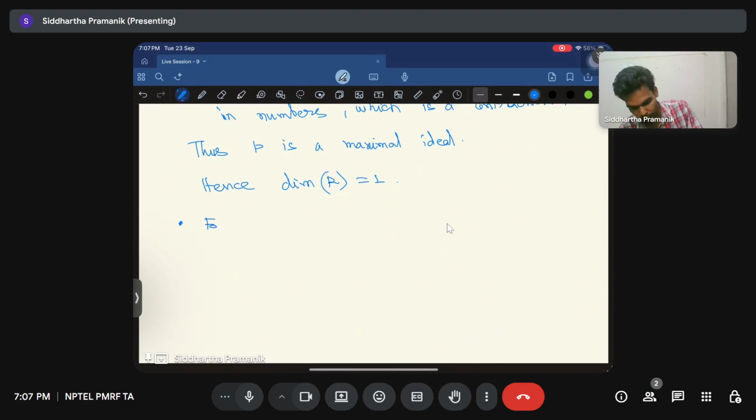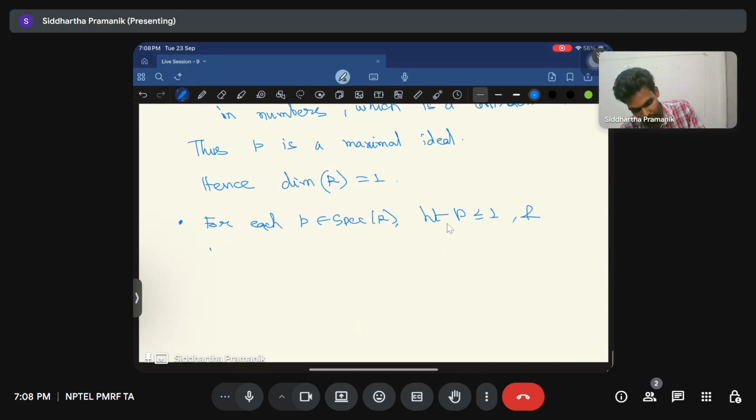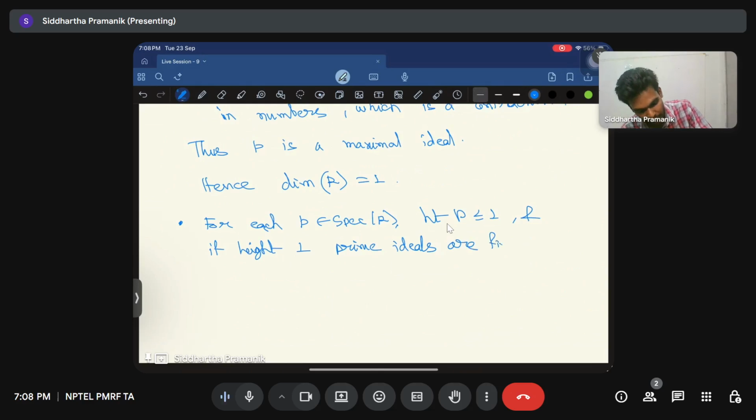Now for each P belonging to Spec R, height of P is less than or equal to 1 and height 1 prime ideals are finite in number.